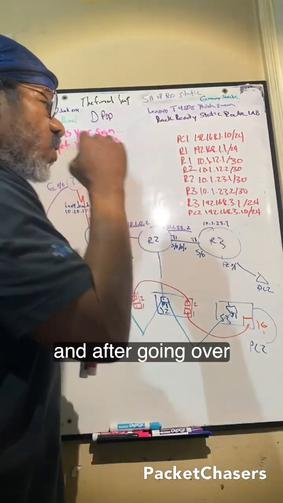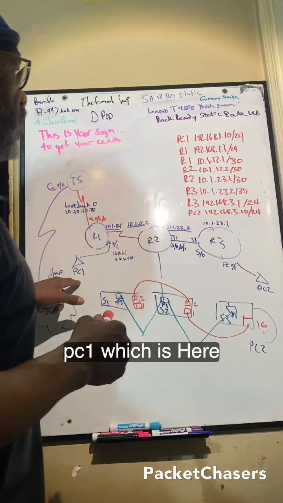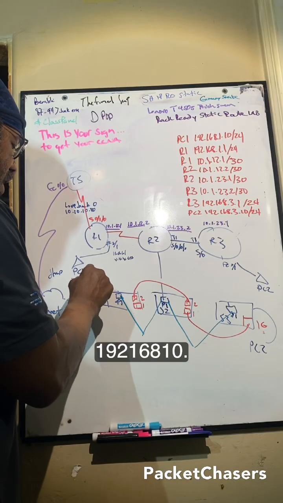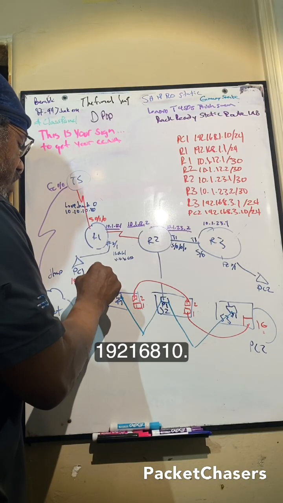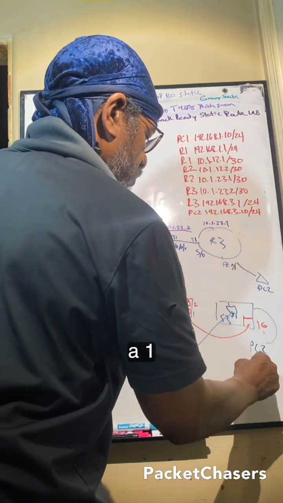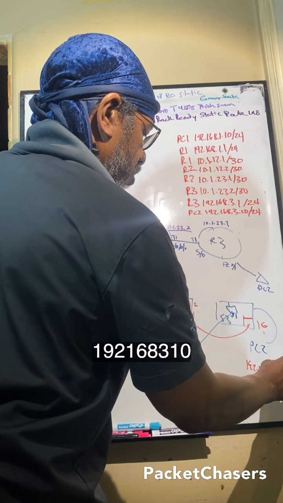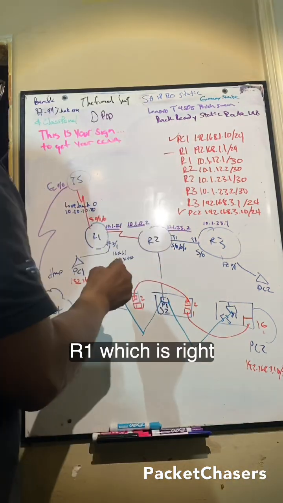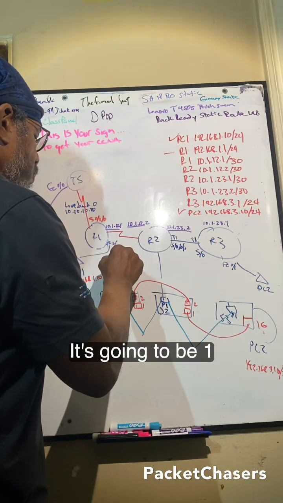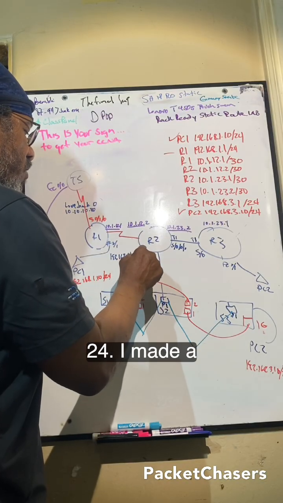All right, the next thing we need to cover is the IP schema. After going over this, I found out where I made my personal mistake. PC1 is going to get 192.168.1.10/24, and PC2 is going to get 192.168.3.10/24. R1, on this interface FE01, is going to be 192.168.1.1/24.